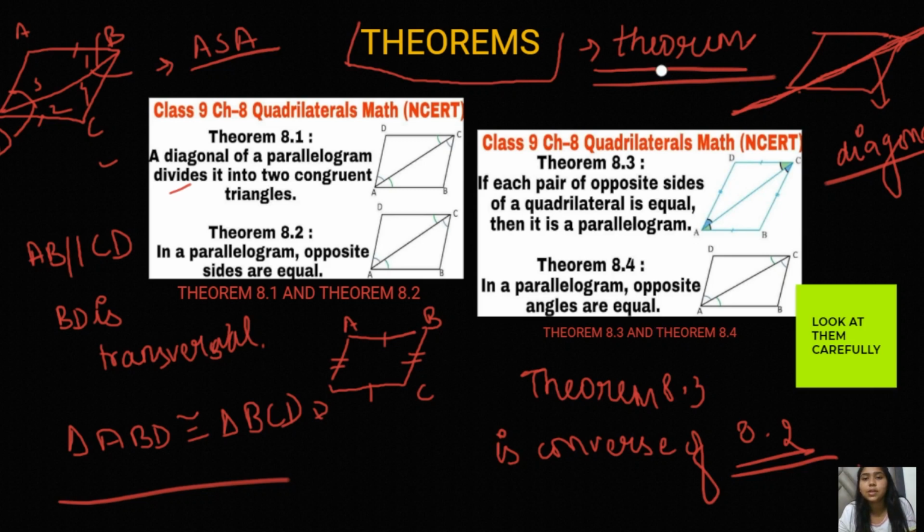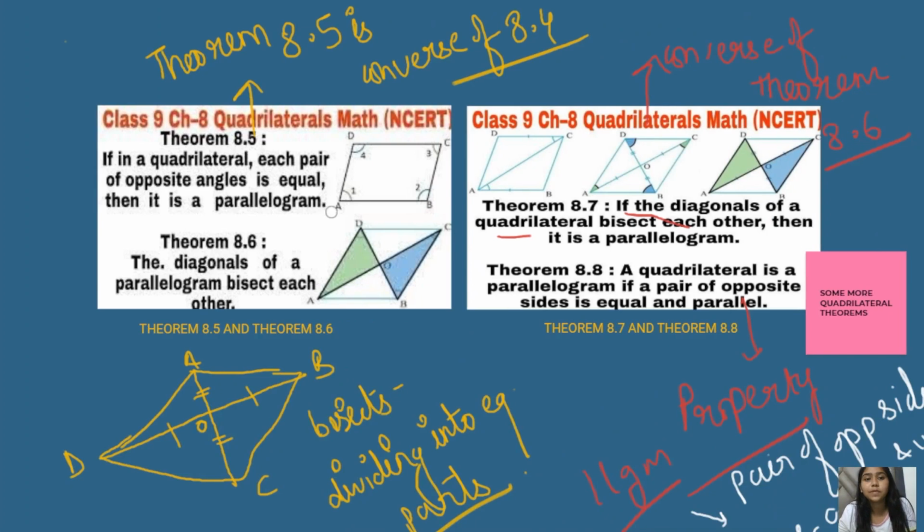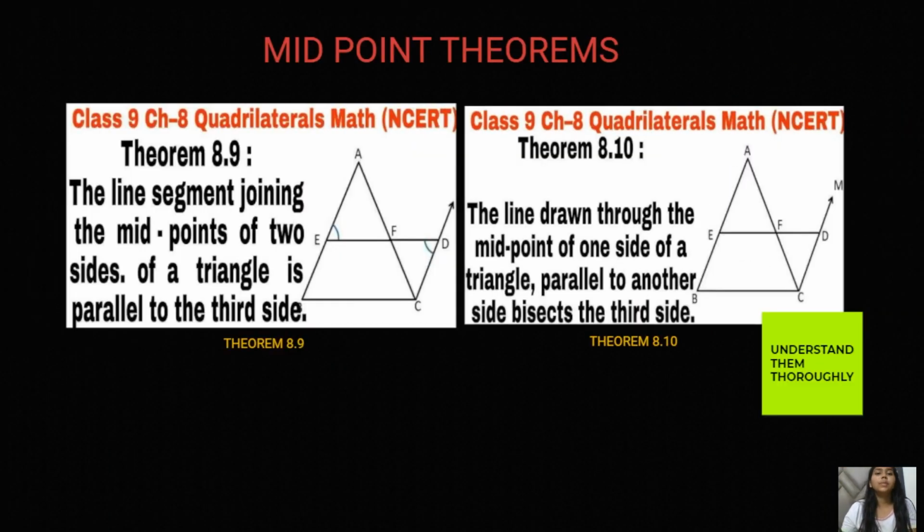Then 8.4 says that the opposite angles are equal in a parallelogram. 8.5 says that if opposite angles are equal, then it is a parallelogram. Then 8.6 says the diagonals of a parallelogram bisect each other. 8.7 is the converse of 8.6: when a quadrilateral's diagonals bisect each other, then it is considered a parallelogram. And 8.8 says that in a quadrilateral, if the opposite sides are equal and parallel, then it is considered a parallelogram. So let's move to the next slide, which has another two theorems.